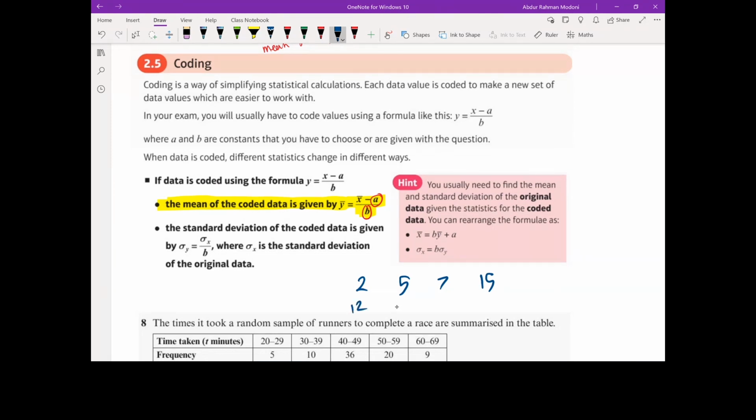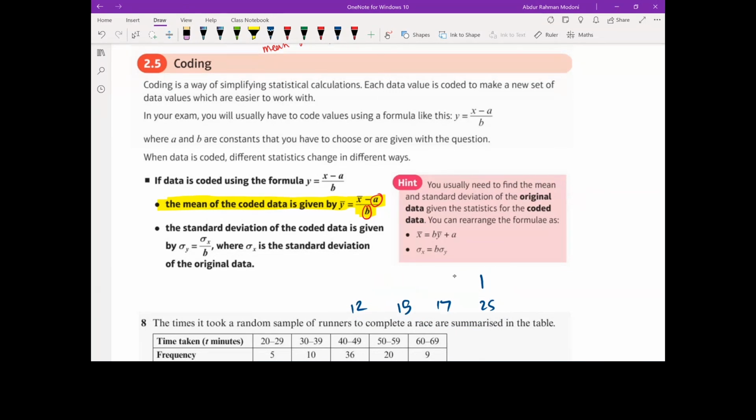It would become 12, 15, 17, 25. If you look at the spread of the data for this compared to the spread of the data for that, the range hasn't been affected. All I've done is shift everything up by 10, or I could have shifted everything down by 10. Standard deviation is a measure of spread, and spread is not affected by adding or subtracting, whereas if we multiply or divide, then spread is affected.